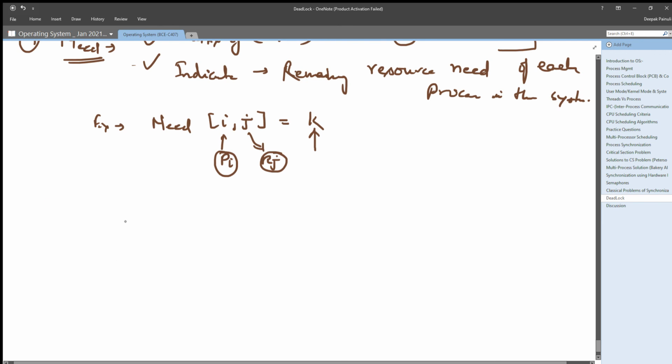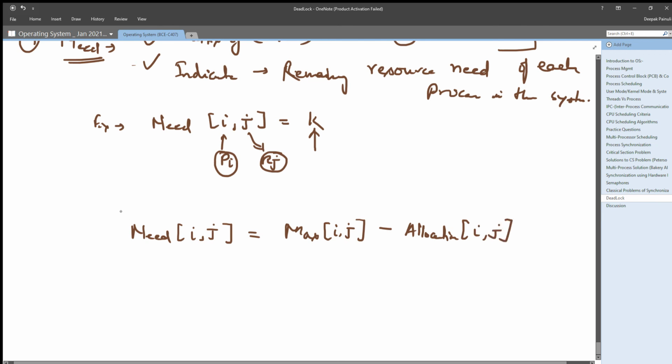Simply using this: Need[i][j] equals the maximum demand of that process minus Allocation[i][j].